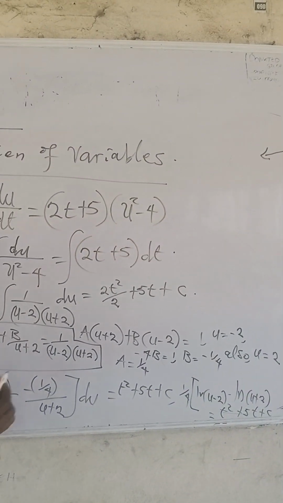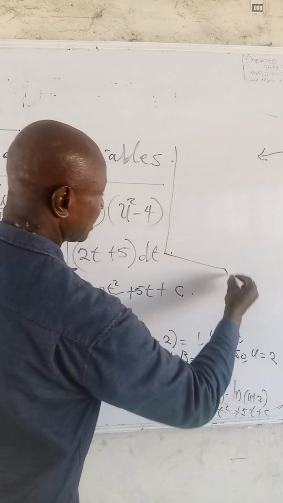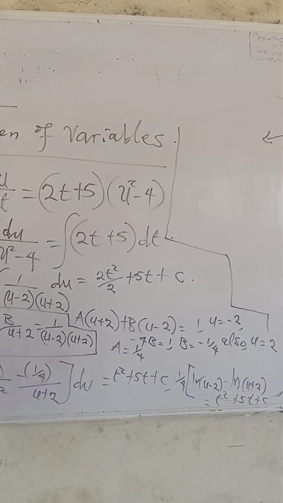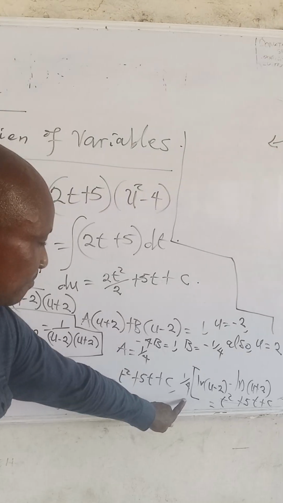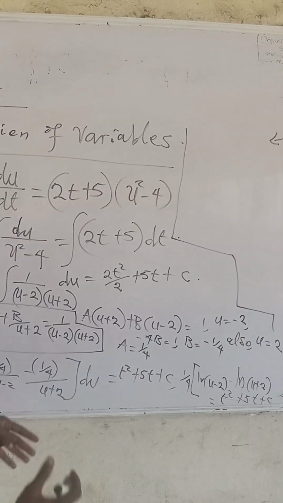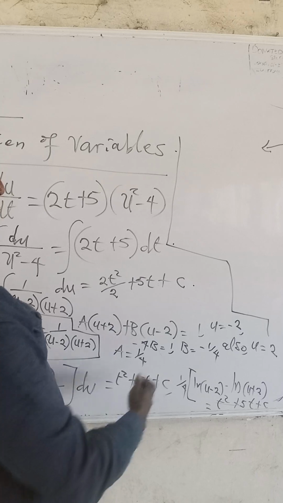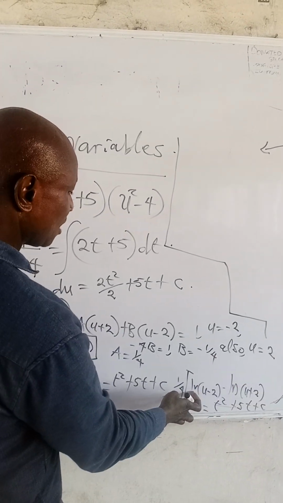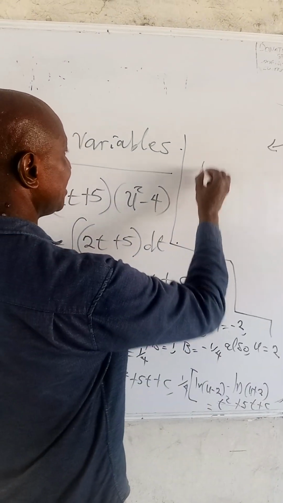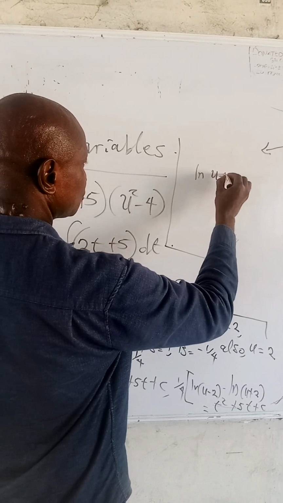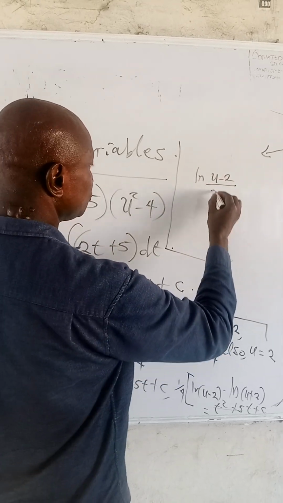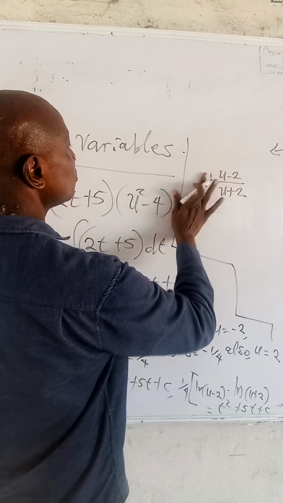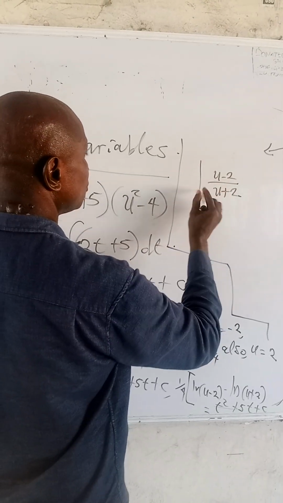Now, we can further this work by simplifying, multiplying all through by 4. When multiplied by 4, we have ln of (u minus 2) over (u plus 2). Take note that the natural log is covering both.